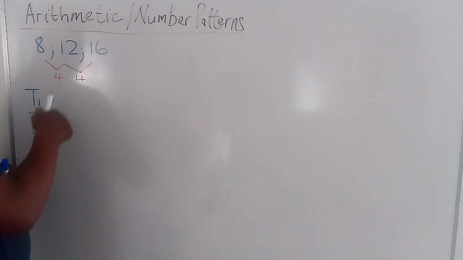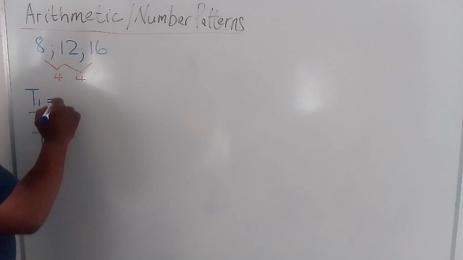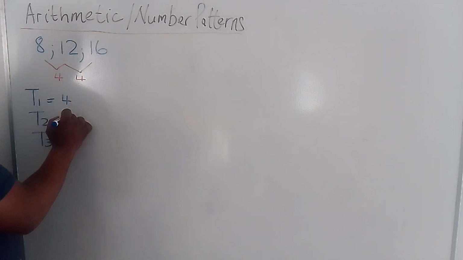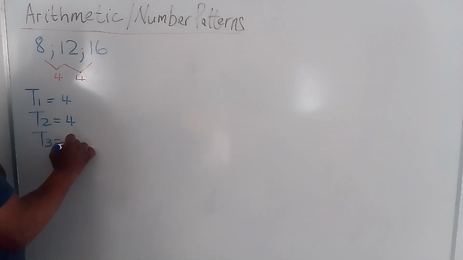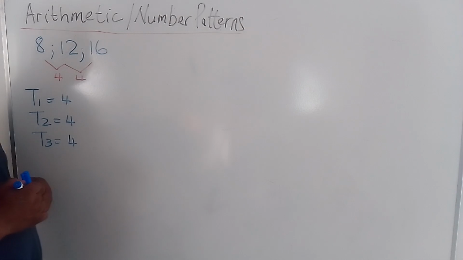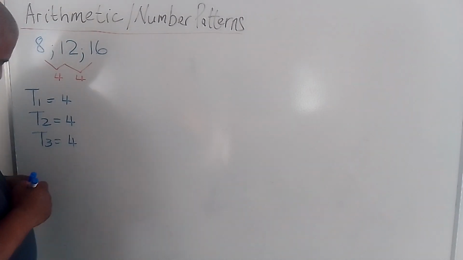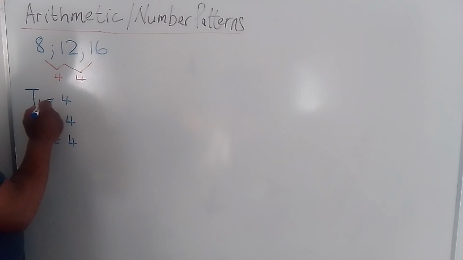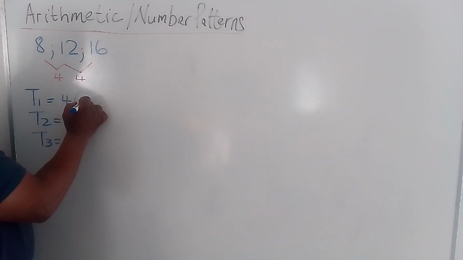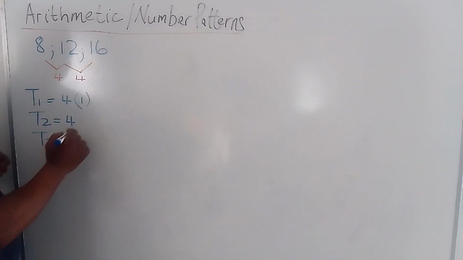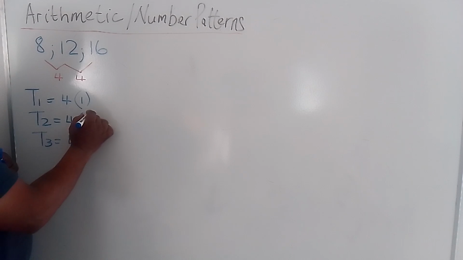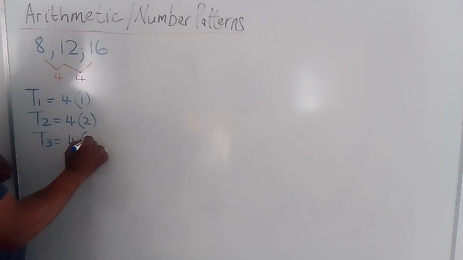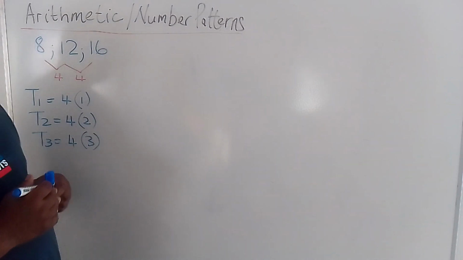So a 4 is added every time. So I'm going to write 4 because 4 is added every time. Now this is T1, the first term. This is the second term, T2. That's the third term, T3.